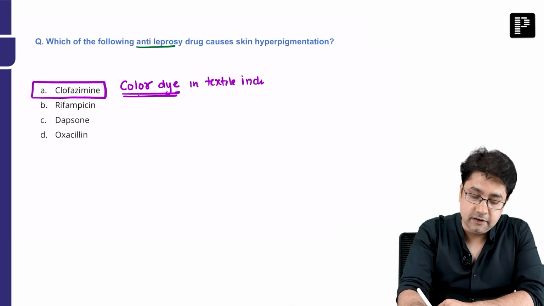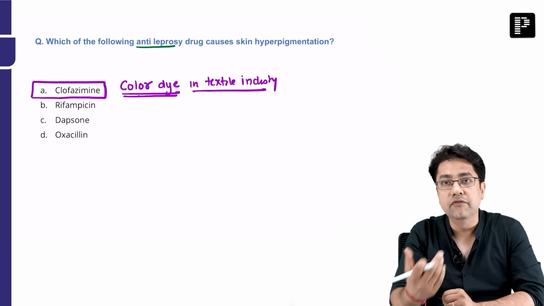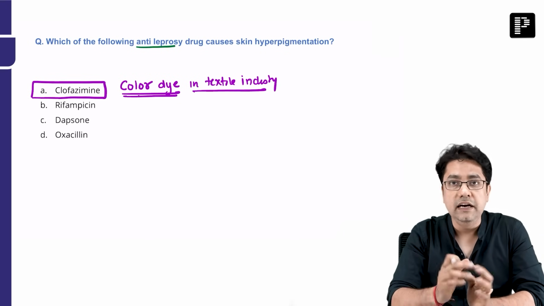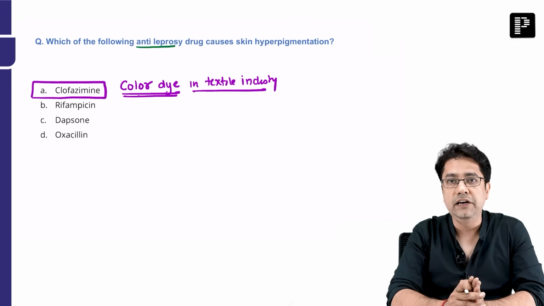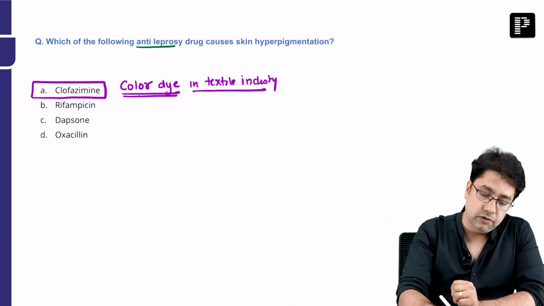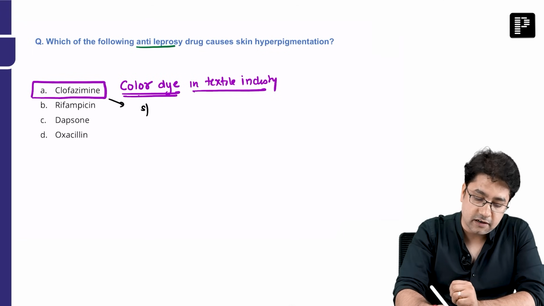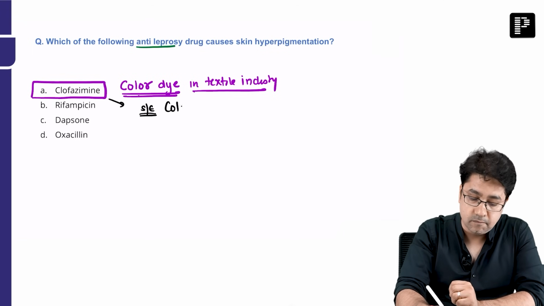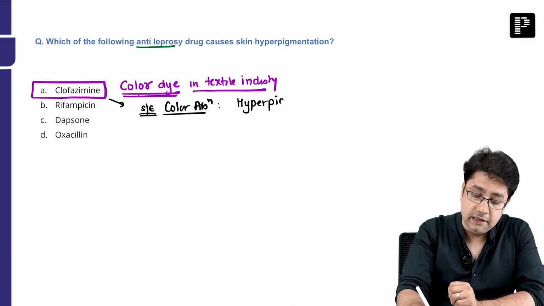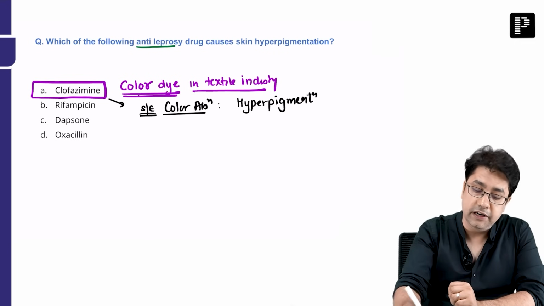Now, when this drug is taken for the treatment of leprosy, it causes coloring abnormality in the whole body. So the side effect of clofazimine is color abnormality. So which color abnormality? It causes hyperpigmentation of skin. Now, why is this side effect very important?